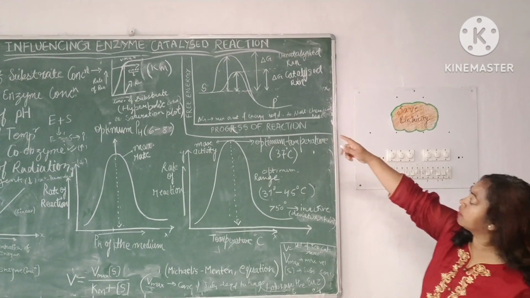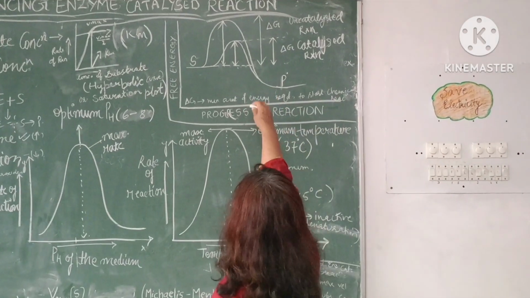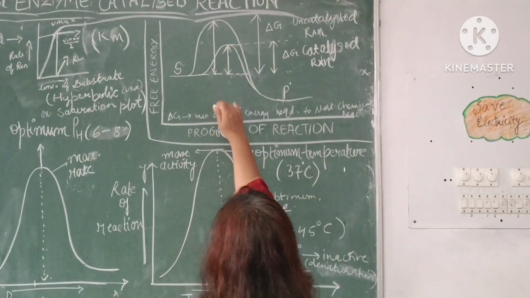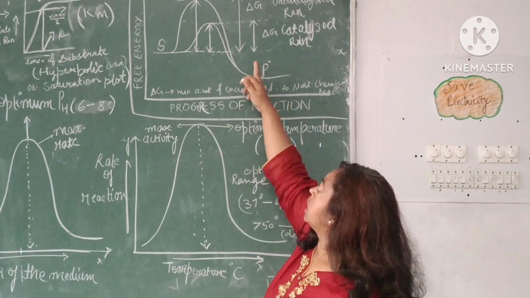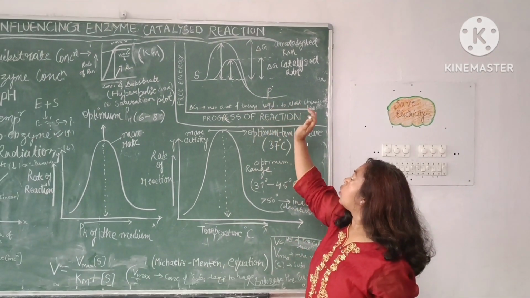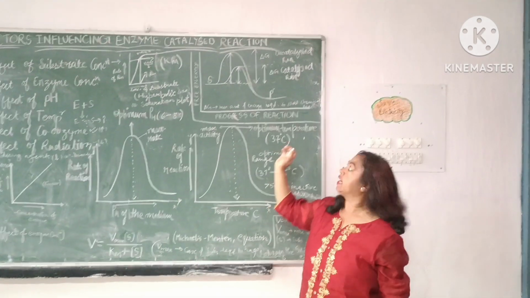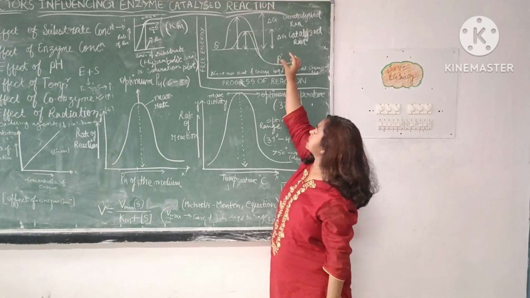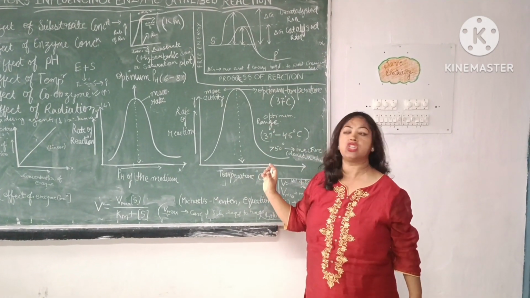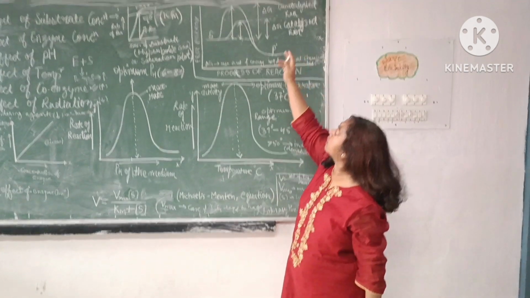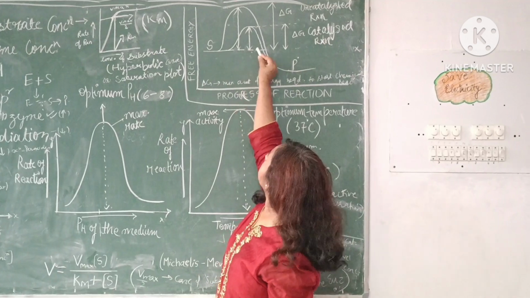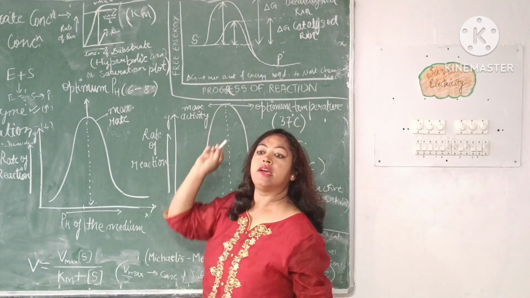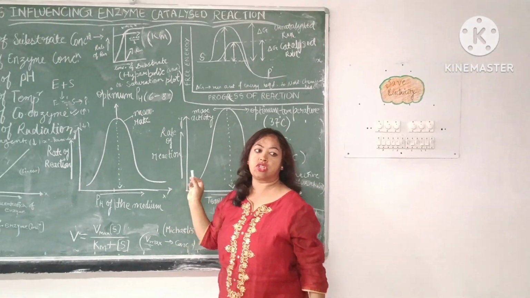We can very well see from this graph that this is the activation energy. You can see in this graph we have the lowered activation energy. Delta G is very less in the enzyme catalyzed reaction, but it is more in the case of the uncatalyzed reaction.